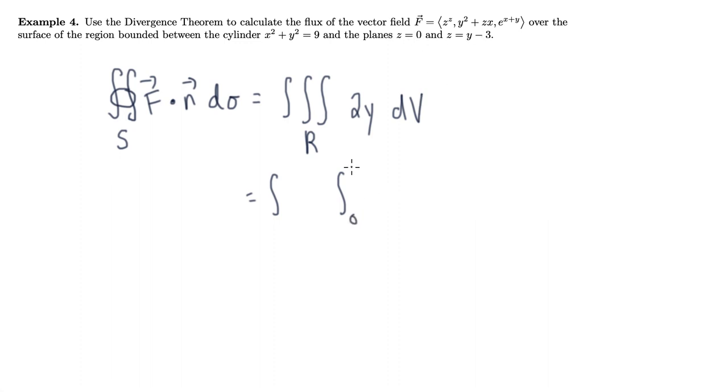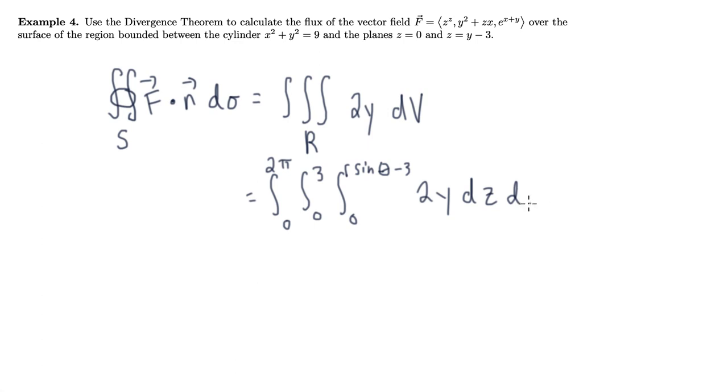Now in polar coordinates, y is r sine theta, so this is really r sine theta minus 3. And that's 2y dz. And then r goes from 0 to 3, because the projection onto the xy plane is just a circle of radius 3. And then theta goes from 0 to 2 pi.